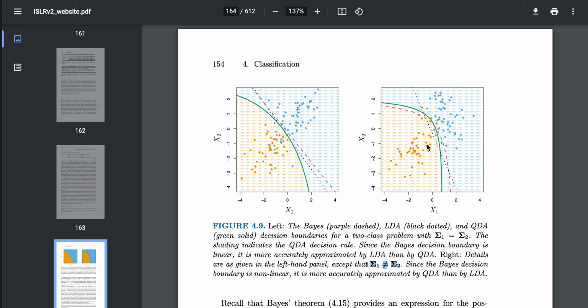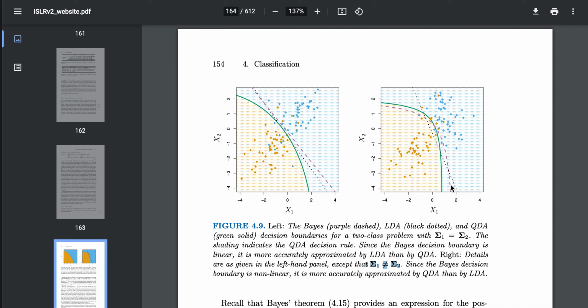The means are different, the covariances are different, and therefore the Bayes decision boundary, which would use the true unknown covariance matrices and the means and the prior probabilities, would yield the purple dashed line.